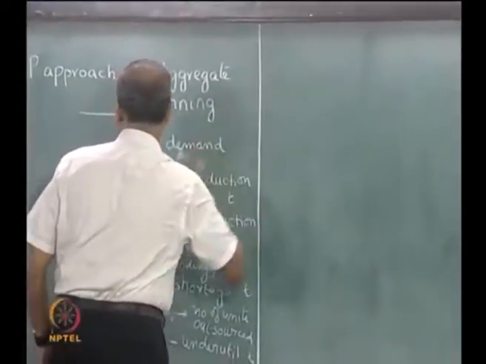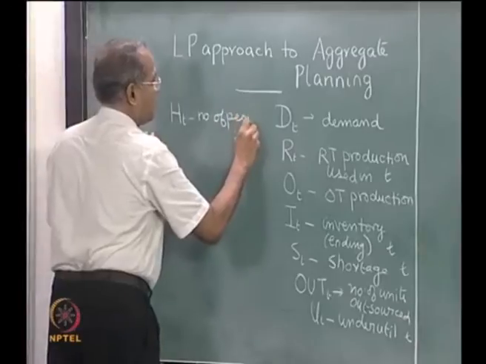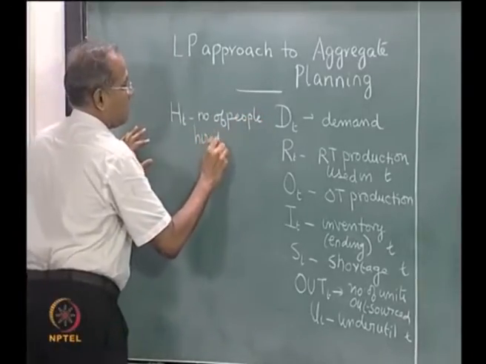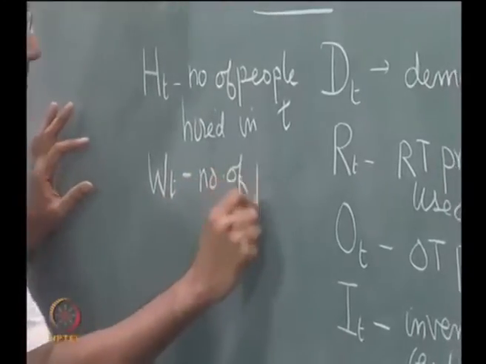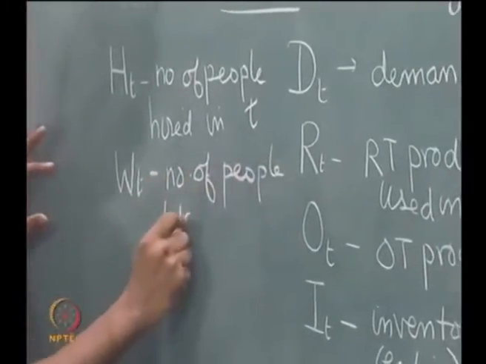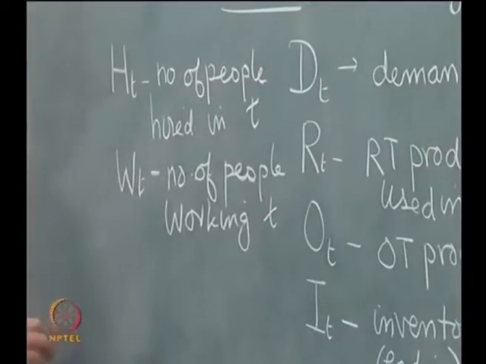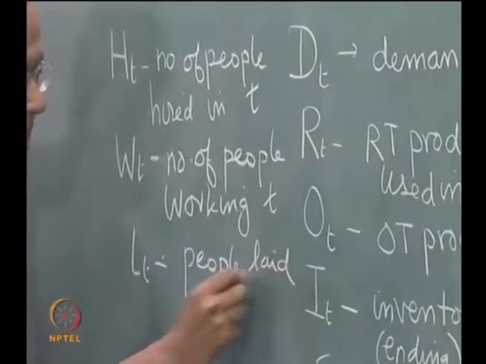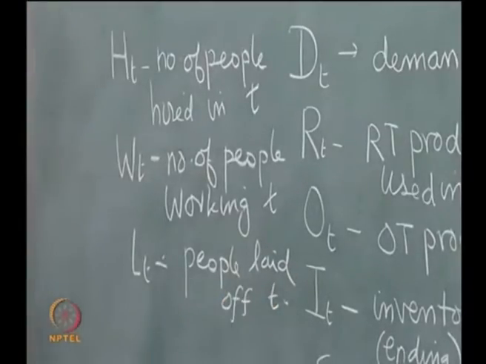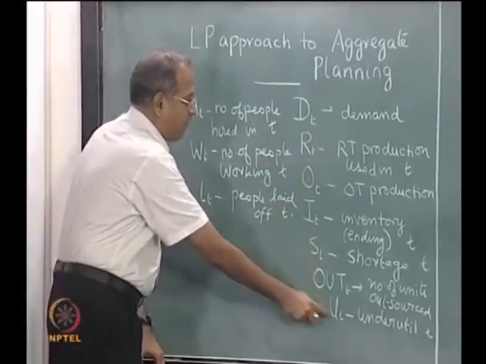Let HT be the number of people hired in period T. Let WT be the number of people working in period T. Let LT be the number of people laid off in period T. Now, this is where DT is known, all these are variables that we have to find out.